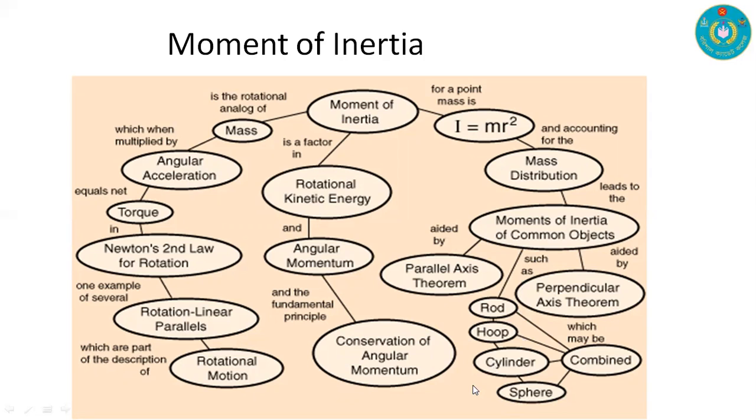And with the help of moment of inertia, we may derive some equations for rotational kinetic energy, angular momentum, and conservation of angular momentum. And for rotational motion, we have rotational linear parallels, and for Newton's second law for rotation, we have the equation L is equal to I omega and torque is equal to I alpha.